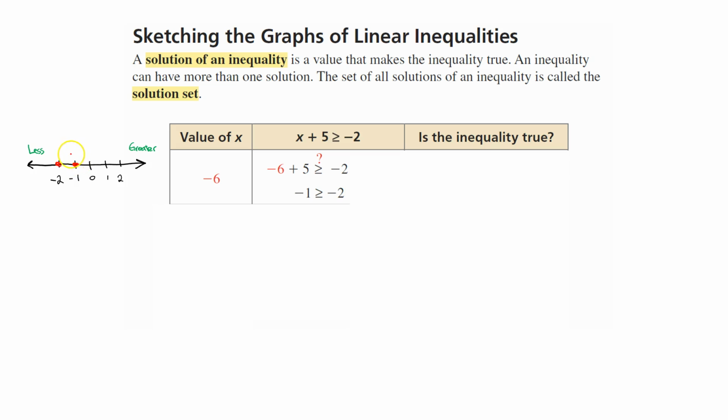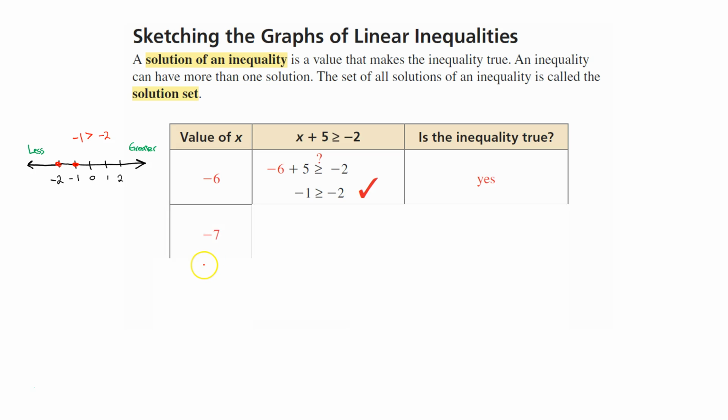Since -1 is to the right, it's towards the greater sign, so -1 is greater than -2. So does that fall under greater than or equal to? Yes, it is greater than, so it's also greater than or equal to. So that baby is true. So -6 is a solution.